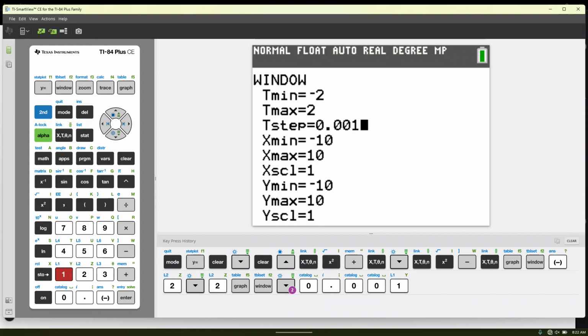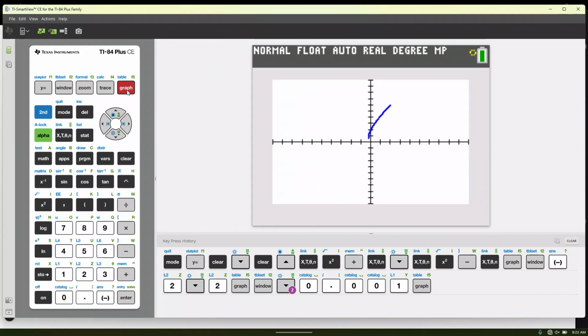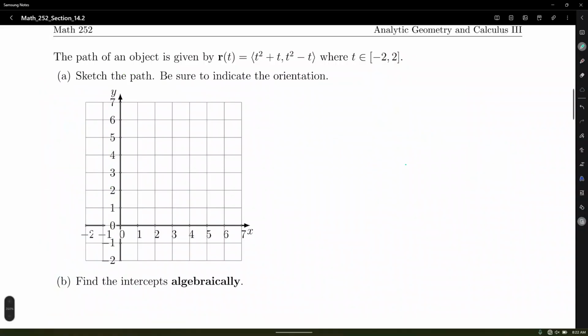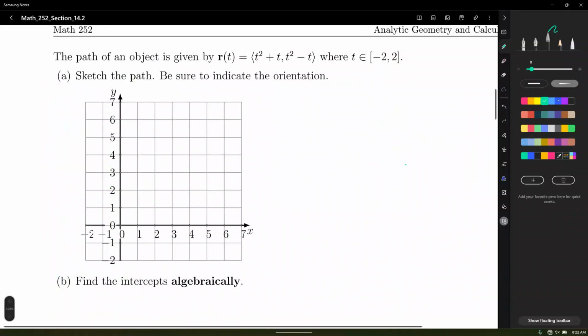And the smaller the steps, the more points it's going to plot for us, and therefore it's going to go in slower motion. So we're ready? Graph. Now you will be able to see this in slow motion because now the direction matters. This is to indicate, well, let me go back to the notes. So this is going to give us the function right here.